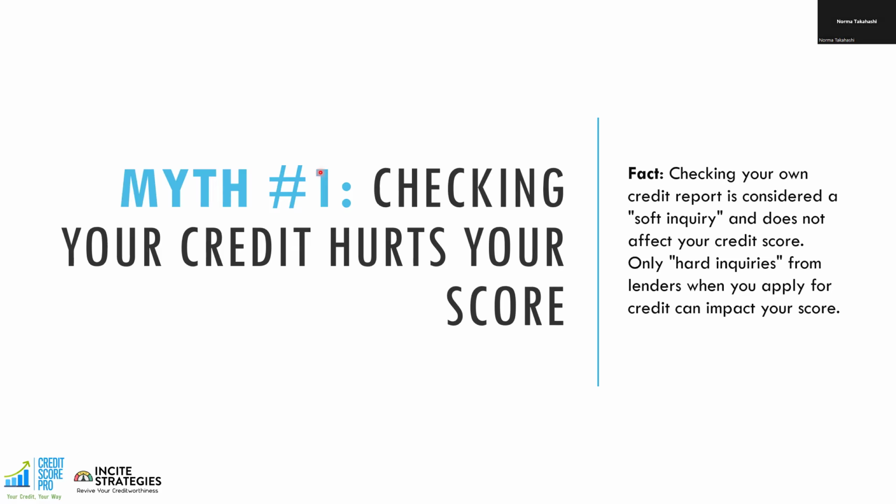And the inquiry itself is not worth very many points. Usually about 1 to 5 points for the average credit profile. Now, if you have a client who has super limited history, maybe they only have 2 or 3 accounts open on their credit report, it's going to affect their scores more because there's less data to go off of.